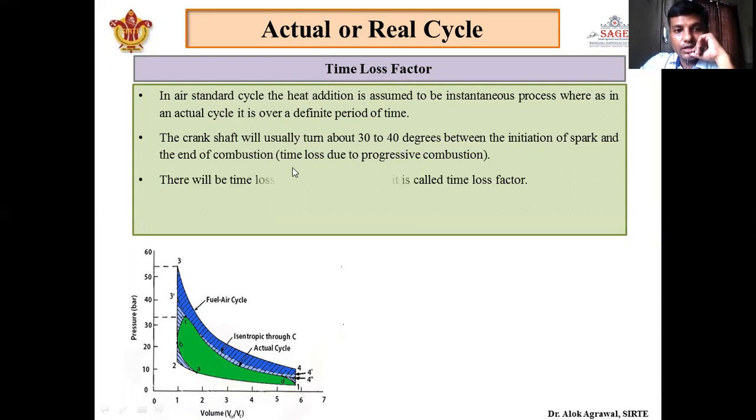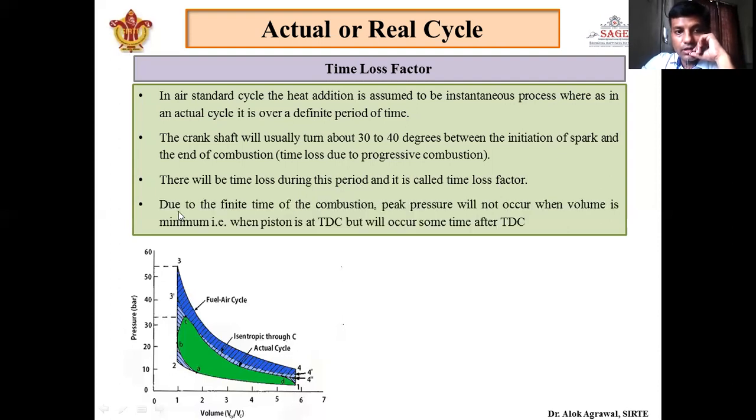There will be a loss during this period, and it is called the time loss factor. Due to the finite time of combustion, the combustion requires some finite time. It is not an instantaneous process. So in the case of the ideal cycle, the peak pressure is at point 3, which is between 50 and 60 bar.